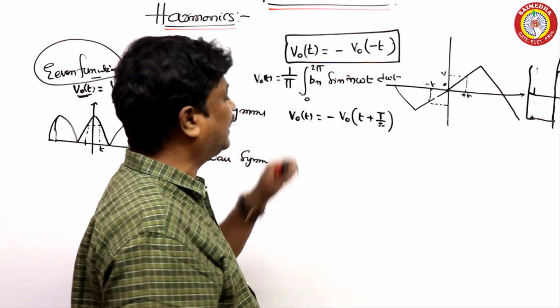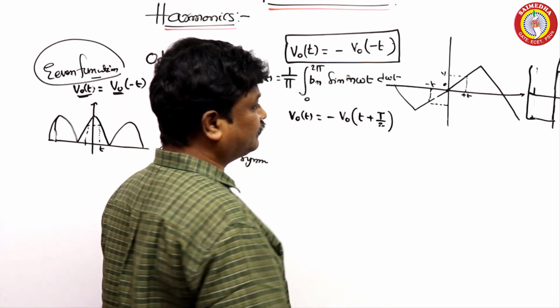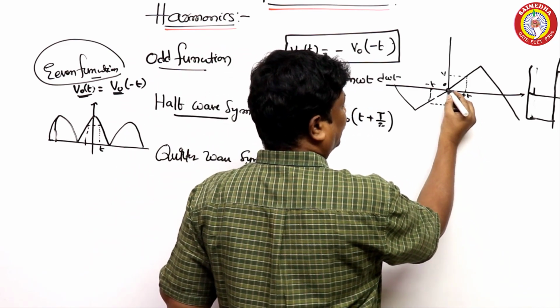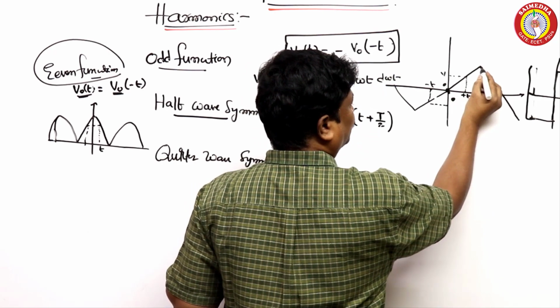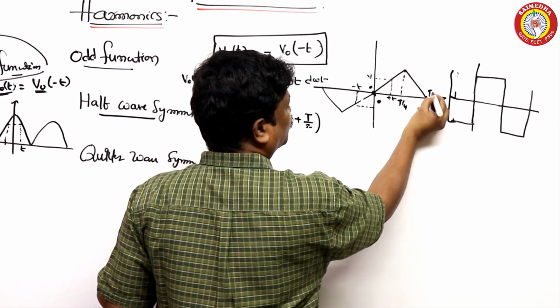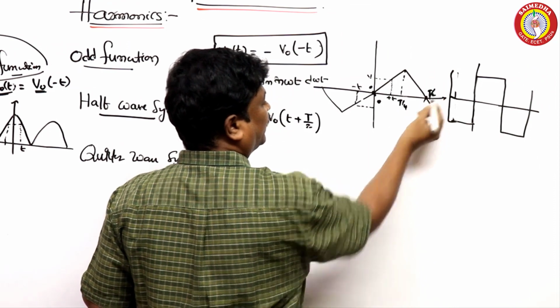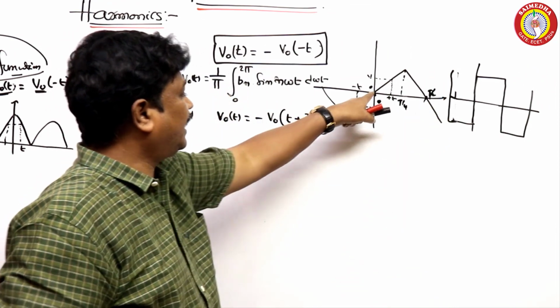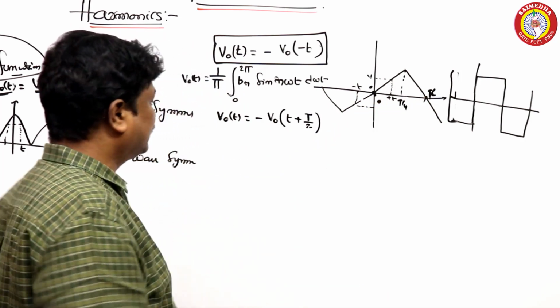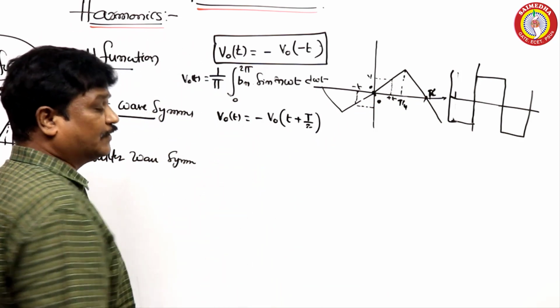That is what is called half wave symmetry. For example, you see here, this one is 0, this one is T by 4, this is T by 2. So here and here will have the same signal. This is the condition for half wave symmetry.